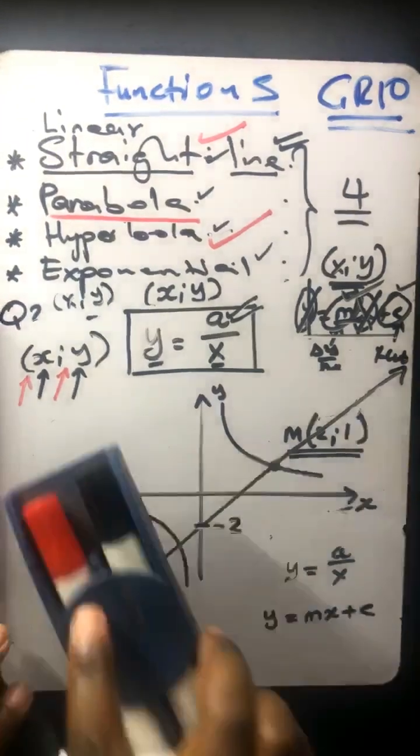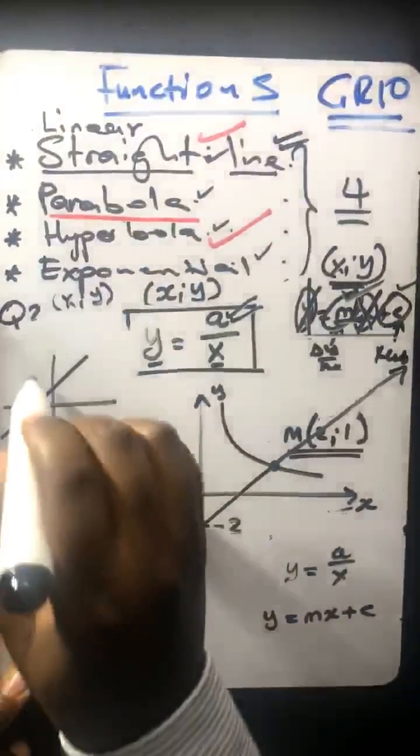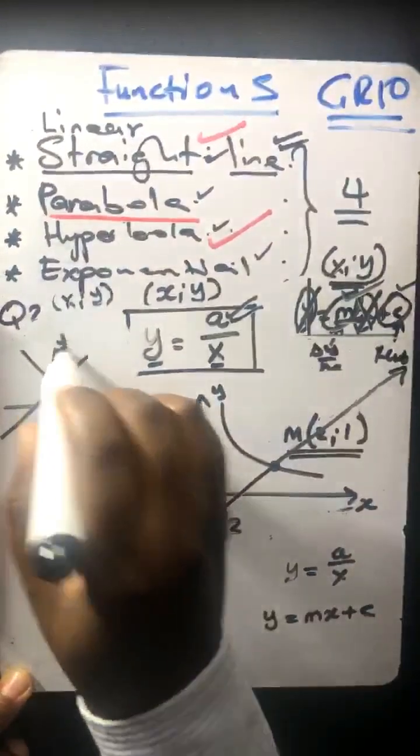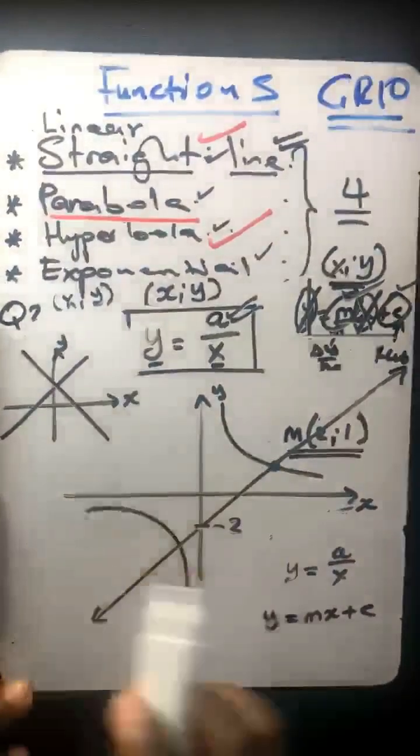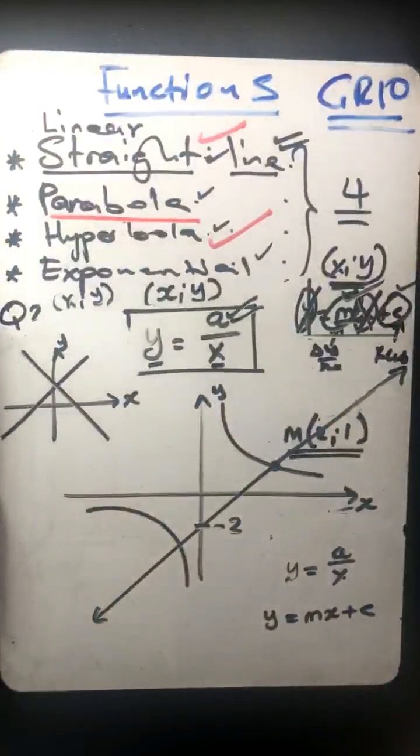Maybe let me try to do this so that you get my point. Let's say you are given that line and that line. This is y, this is x. If they say determine an equation of a line, are you going to know which line they are referring to? Is it easy to know which line they are talking about?